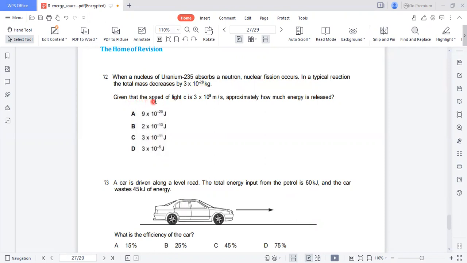Given the speed of light, approximately how much energy is released? The mass decreased means this mass is converted into energy, released in the form of radiation. So we can use Einstein's equation.